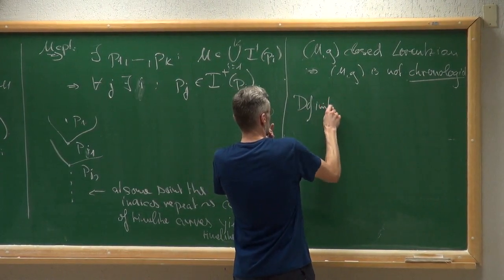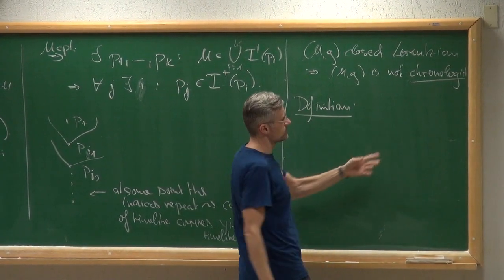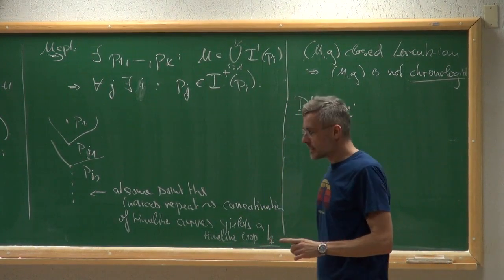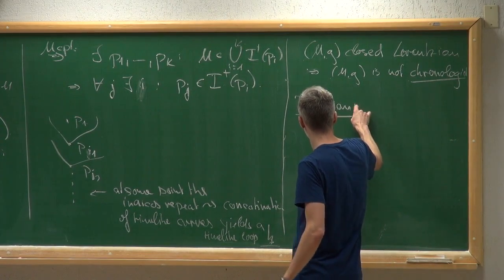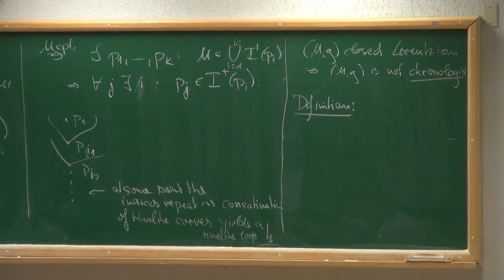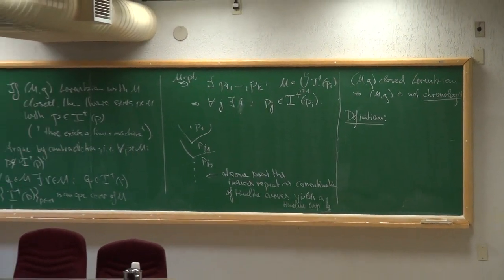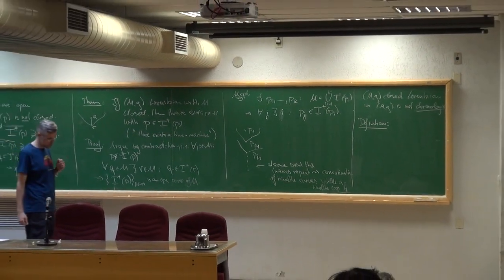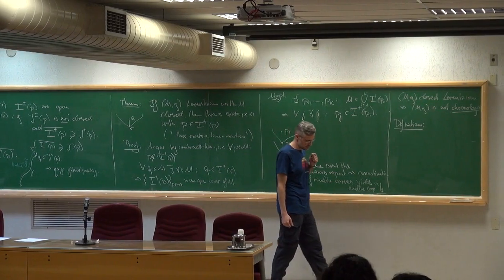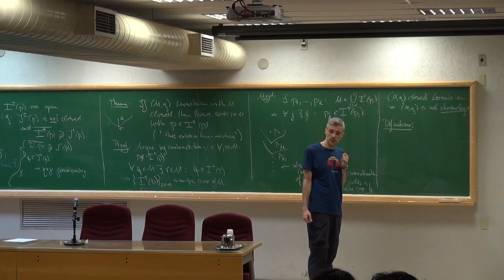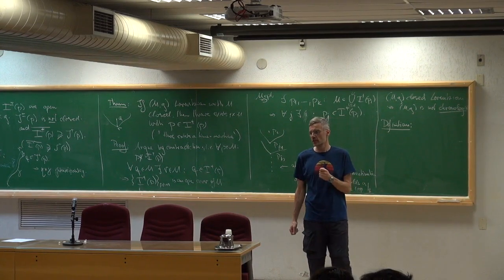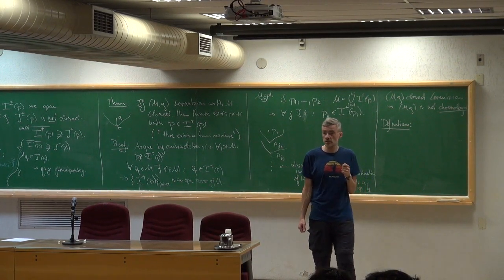This chronology property has to be strengthened a bit more, because as I told you, the existence of things talking to themselves is not just confined to time-like curves that you can travel back to yourself, but also that you can communicate with yourself, because then you can tell yourself the lottery numbers of next week.